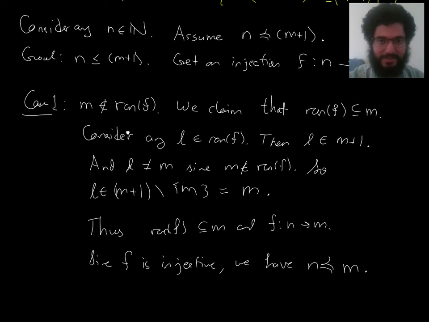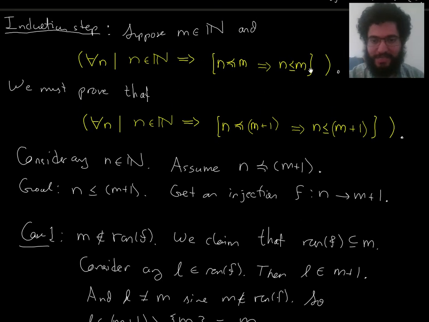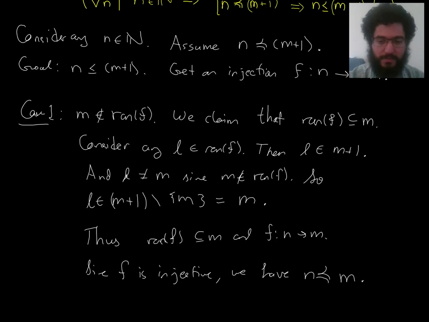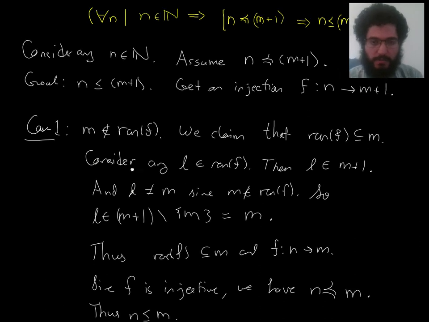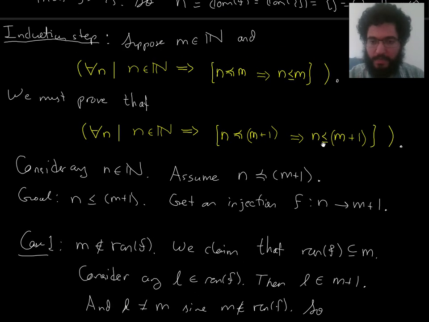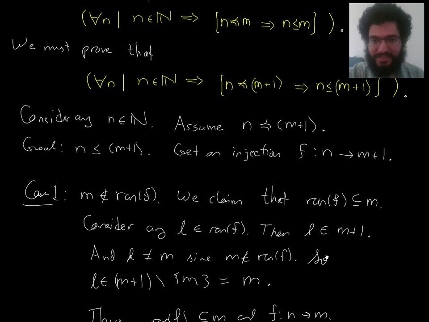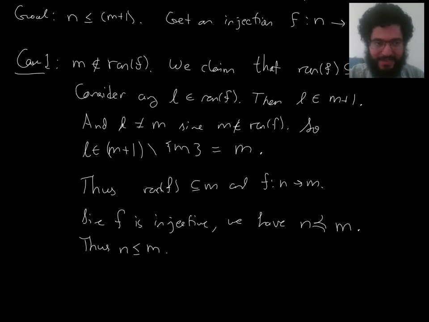Okay, great. Now we can use our induction hypothesis. Thus, N is less than or equal to M. And is that what we wanted in the end? Not quite. We wanted N is less than or equal to M plus 1, but we're almost there, right?